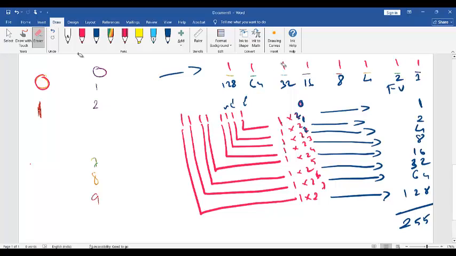If in case this bit is 0, this is 0, this is 0, which means this is cancelled. 255 minus 32.